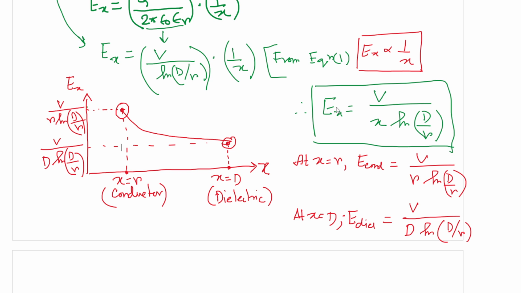So this curve of variation of electric field is important. What can we conclude from here? Maximum stress on the conductor surface, minimum stress on the dielectric, and the variation is rectangular hyperbolic.